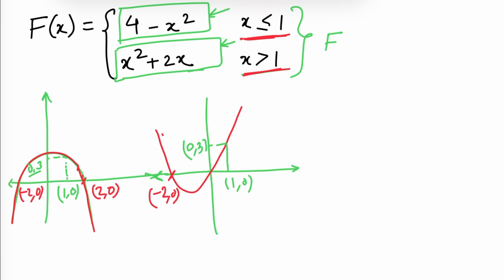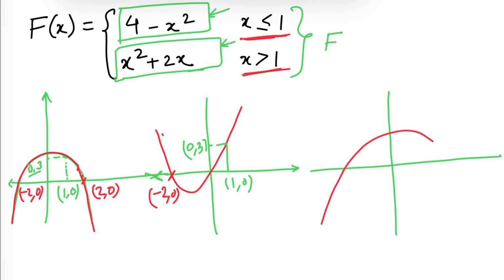Okay, so now we just combine these two graphs, and after combining you'll see what I am showing here right now. So now the graph will look like this. The graph will go from here all the way up to this point, and here it will be 1 comma 0, and it will go up to x less than or equal to 1.